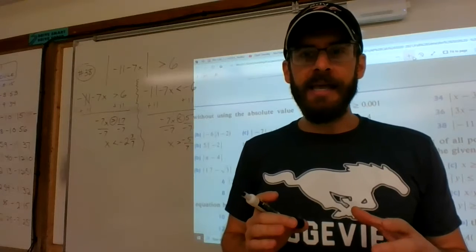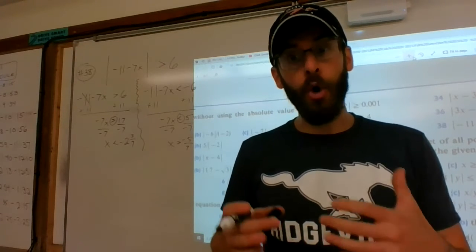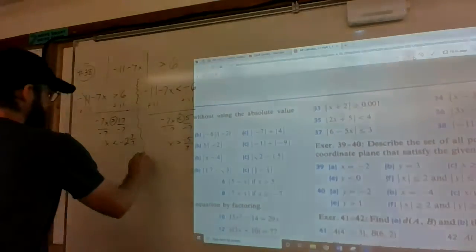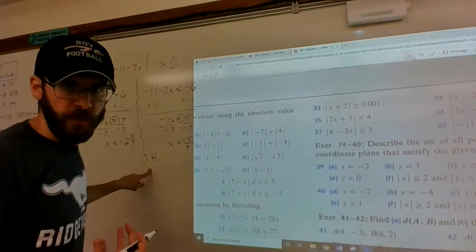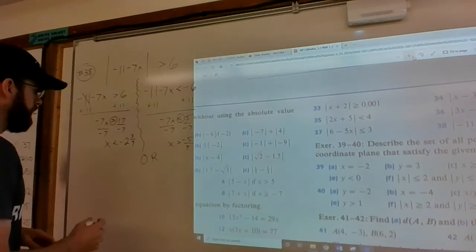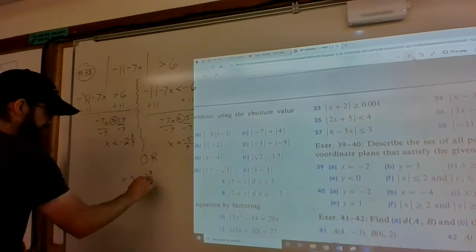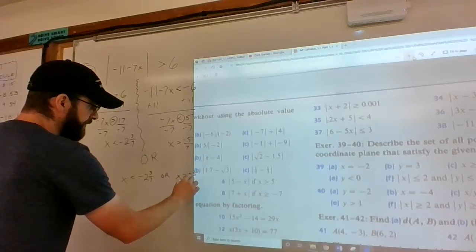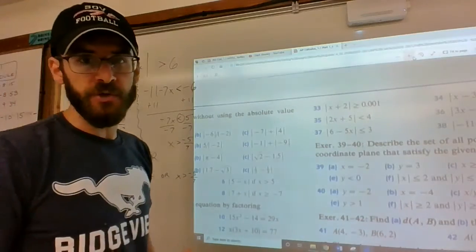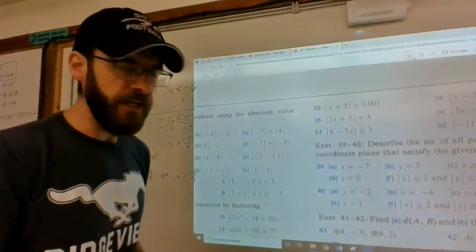So that would usually be a union type statement, like an or statement. So if it's a greater than, you're always dealing with or situations. So x is less than -2 3/7, or x is greater than -5/7 would be the appropriate way to express that solution in inequality notation.